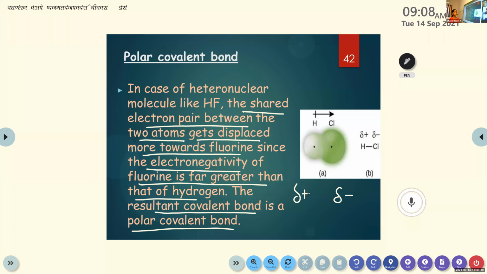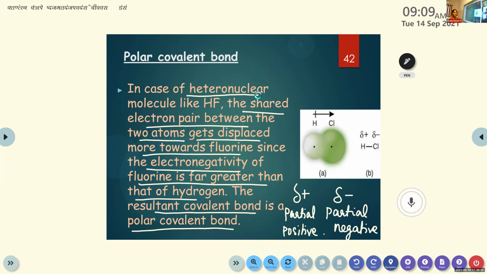The most electronegative atom will withdraw or attract the electrons towards itself, so it will get a partial negative charge. Here it's a partial positive charge. Hetero means different atoms combined together to form a molecule. Here you can see that for hydrogen and fluorine or hydrogen and chlorine, there is a large difference in electronegativity between the two atoms.